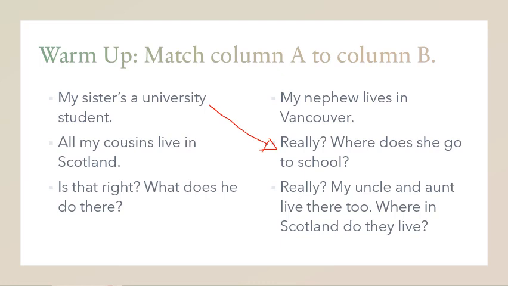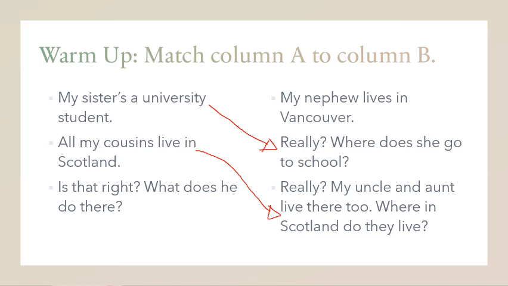The perfect match for this statement is this interrogative sentence. Really? My uncle and aunt live there too. Where in Scotland do they live? Perhaps we found already the perfect match for this statement.